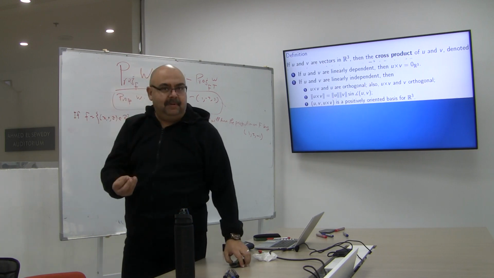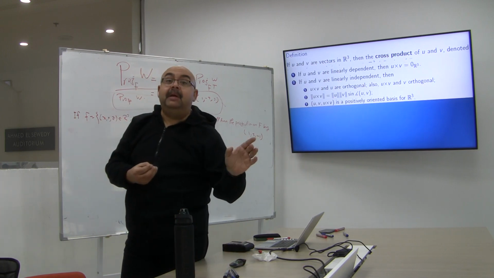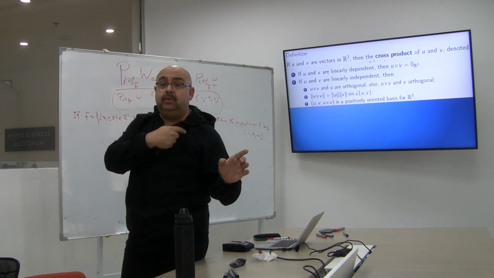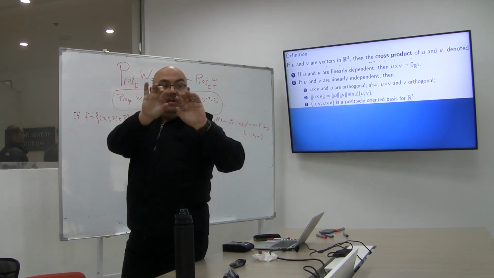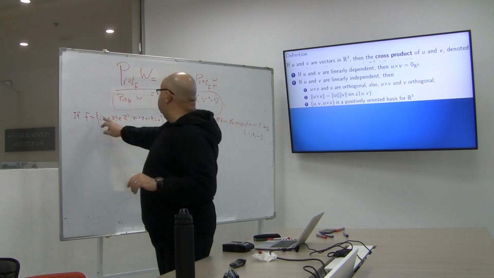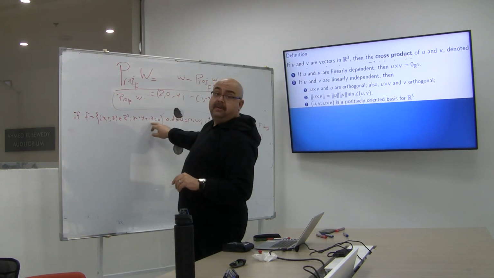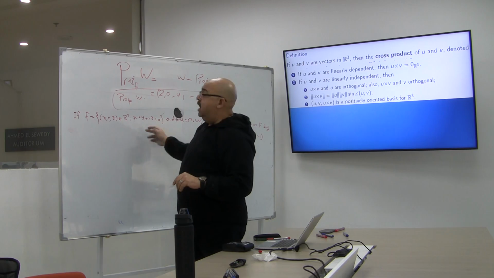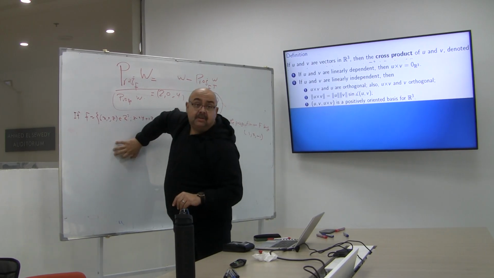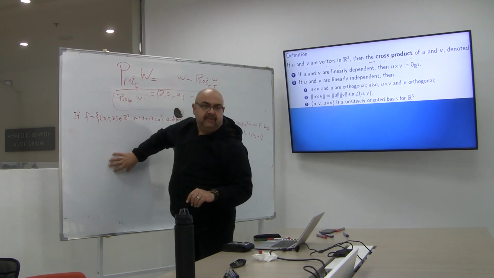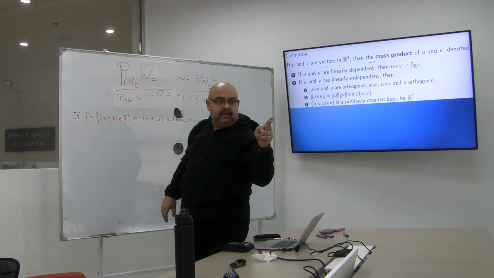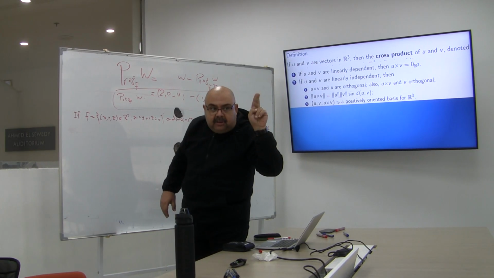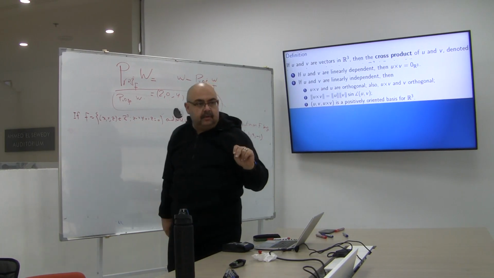So, guys, if I have W1 and W2, do you remember the problem that we were solving three times? If I have the equation x minus 2y plus 3z equals 0, I can get the basis of this subvector space, which was 2 vectors. If you cross multiply these 2 vectors, you will get the third.